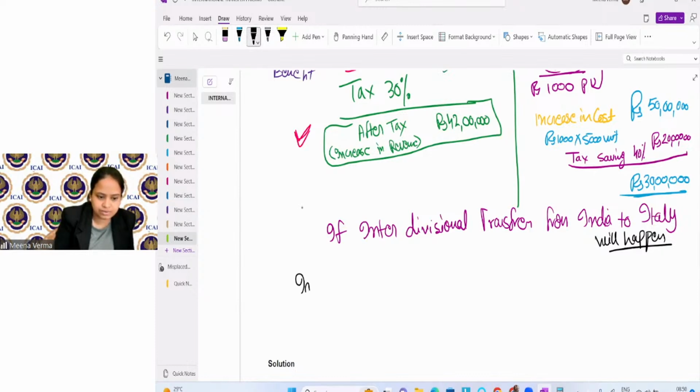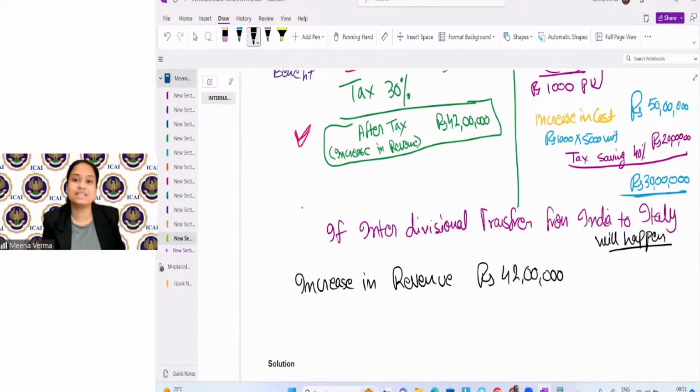Increase in revenue. How much revenue is increasing? Rupees 42 lakh. This will be the incremental revenue.